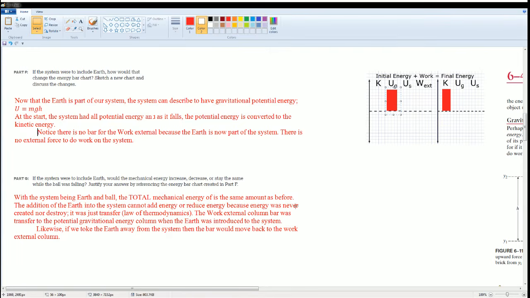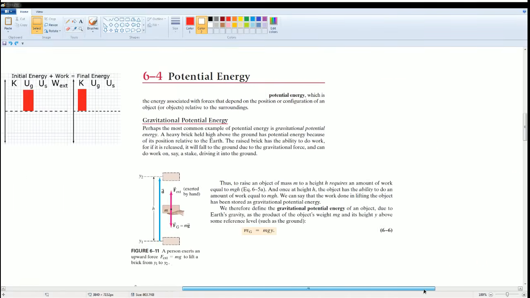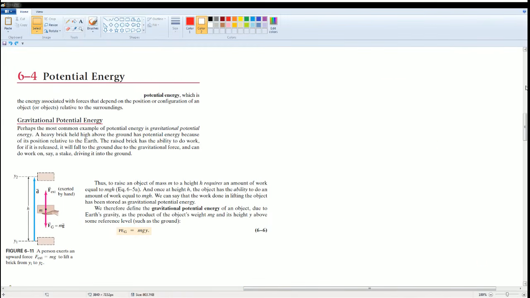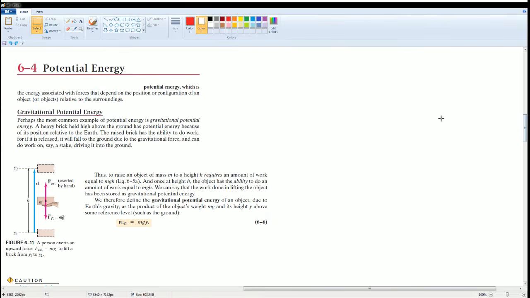Okay. Now I just would like to give you just a couple of notes and references to potential energy. Potential energy is the energy associated with the force that depends on the position or configuration of the object related to its surroundings. The most common one is the gravitational potential energy.